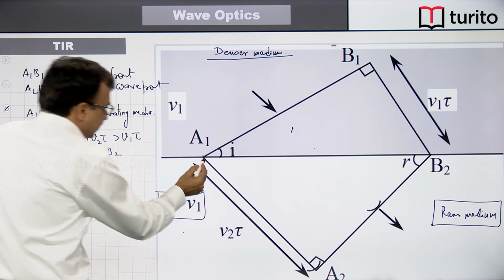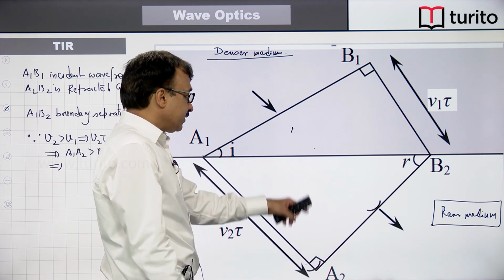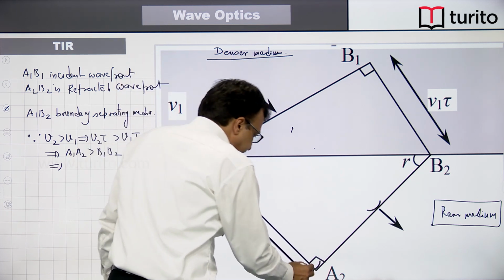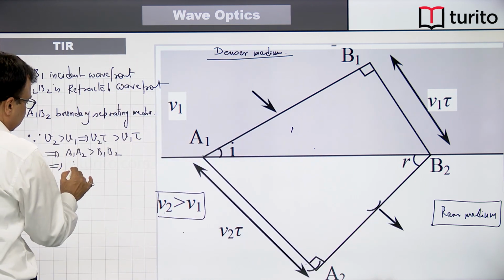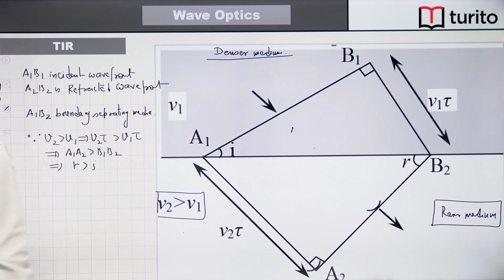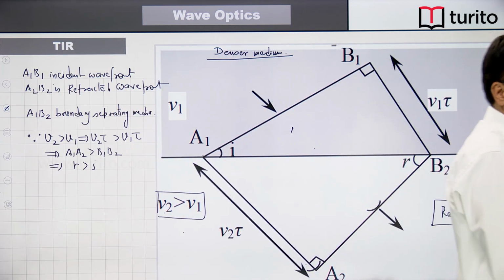This is the common hypotenuse of these two right angle triangles. If this side is greater as compared to this, it means that r is greater than i. Angle of refraction is greater than angle of incidence.